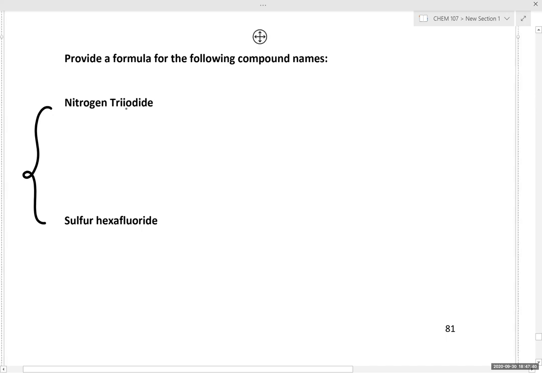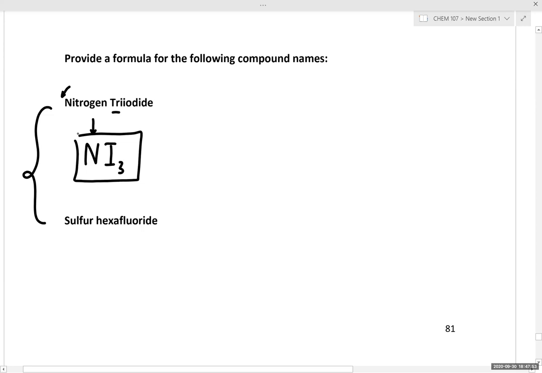So for nitrogen triiodide, we write out our nitrogen. We have just one because there's no prefix. Triiodide, iodide, from iodine. Tri tells us we have 3 iodine atoms. Does that make sense to everyone?